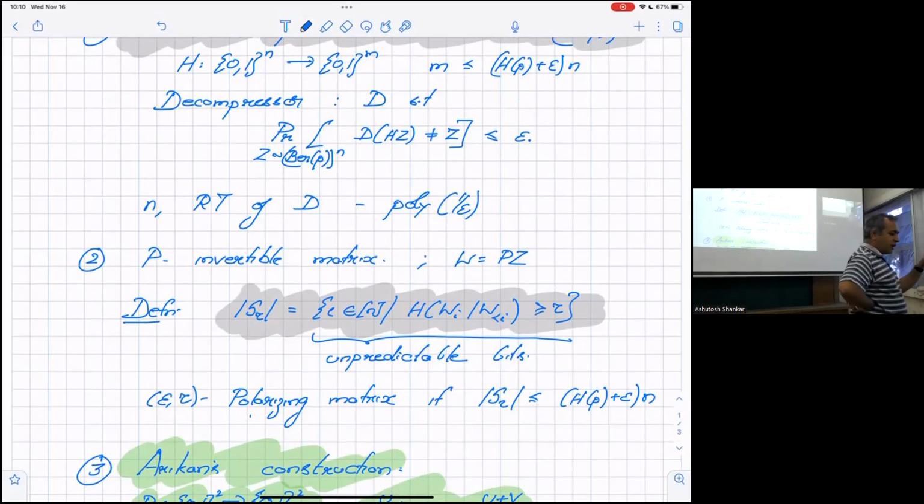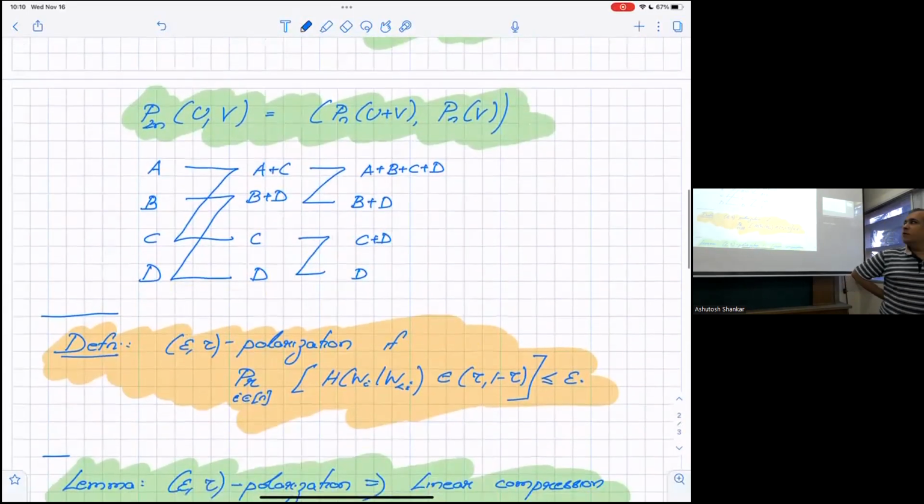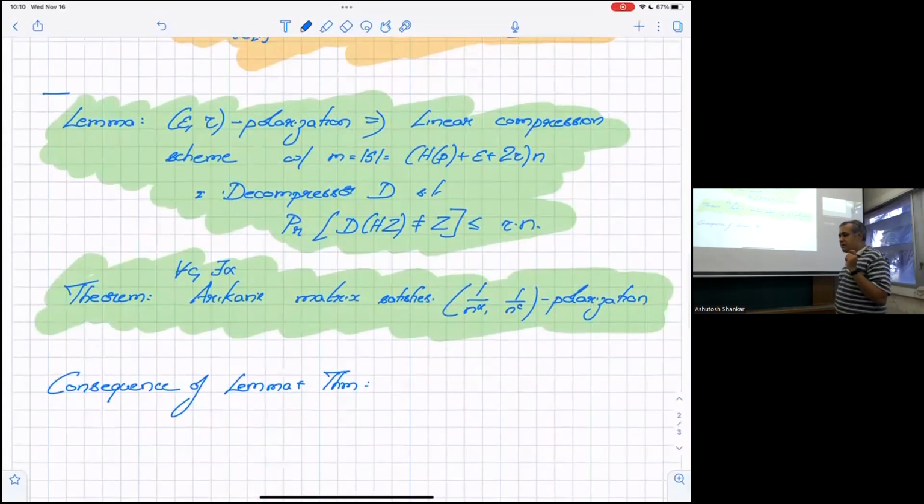I certainly will not have time to do even S in the lecture, so all of this will come later. Notice the non-uniformity: the decompressor and the compressor need to know which are the S, the heavy unpredictable bits.